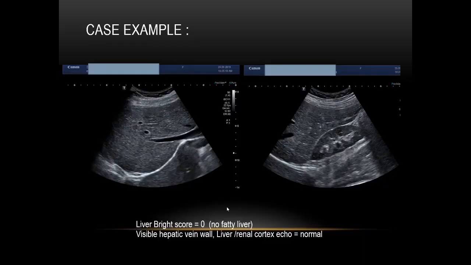Okay, let's see some cases using ATI. This is an example of a random patient who has no fatty change on grayscale, comparing liver and kidney cortex parenchyma.